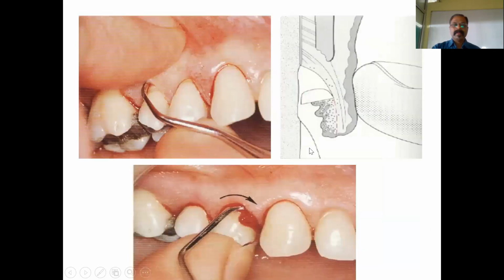Next, as I said, you take this curette and make sure the cutting edge is towards your tissue wall, right?